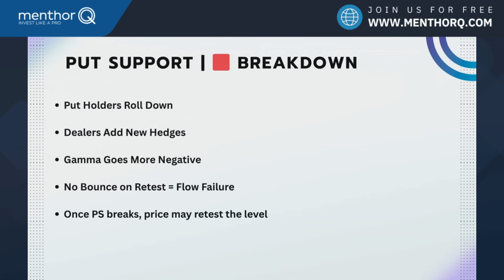Also, if we don't see any buying flow activity coming in at the put support, that means that there is not a lot of structure that can actually support the bounce. So that's why we often see triggers for trend continuation, and that's why the price can actually move down very, very fast.